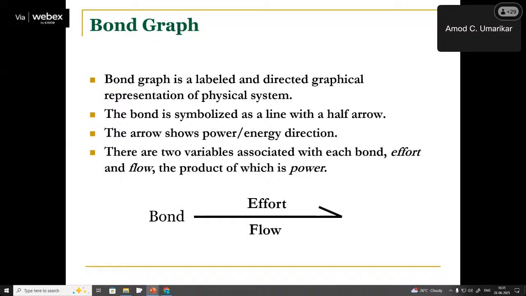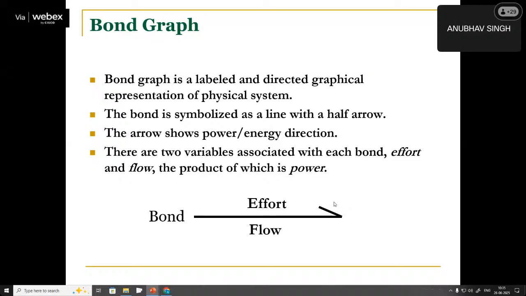Sir, effort and flow are basically like force and velocity, like power equals force into velocity. Yes, that way only. Okay, but you assign some direction. If it is the opposite direction, it will come out something like negative. Generally this arrow is useful in writing equations, to obtain equations.